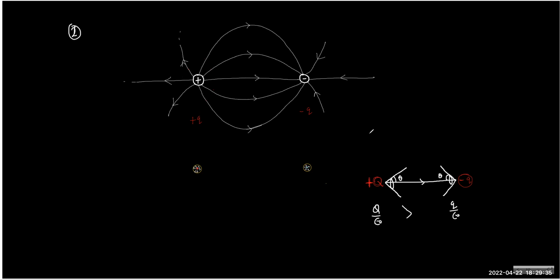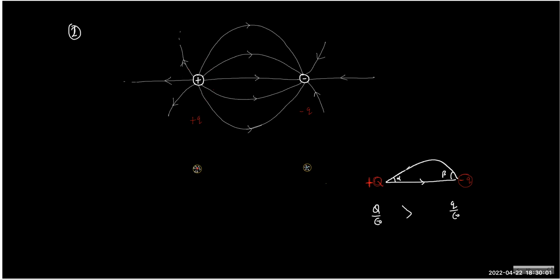So we can understand one thing, that the lines of force which will actually terminate, the extreme angle up to which it can terminate will have a value. If I call it alpha, then it will terminate something like this at angle beta.